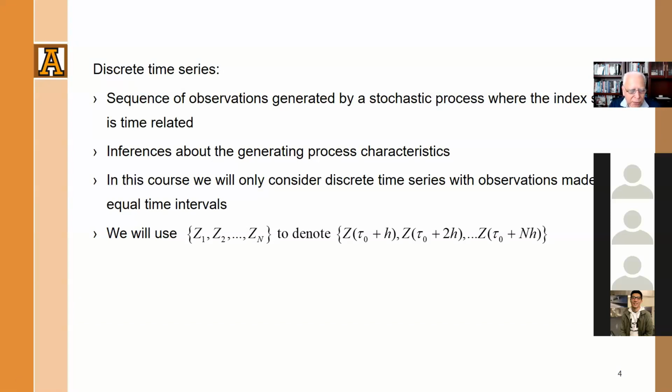To simplify notation, since the time intervals are the same, we may be observing data at times tau 0 plus h, tau 0 plus 2h, up to tau 0 plus nh, where h is always constant. So we're looking at constant increments in periods of time, and we'll simplify the notation by just denoting Z1 through Zn. These are our n observations that are equally spaced in time.